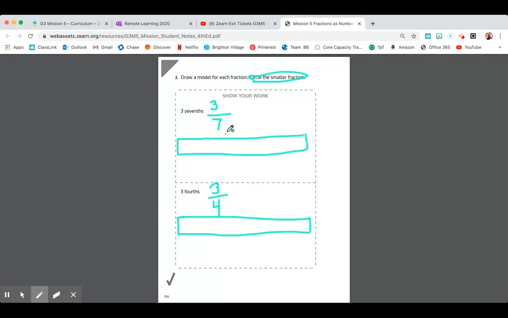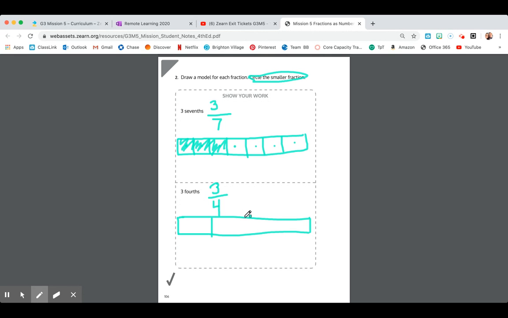So 7 parts make up the whole in this diagram. So I draw 6 lines to make 7 parts. 1, 2, 3, 4, 5, 6. That gives me 1, 2, 3, 4, 5, 6, 7 parts. I'm going to shade in 3 of them. And this whole has been split into 4 parts.